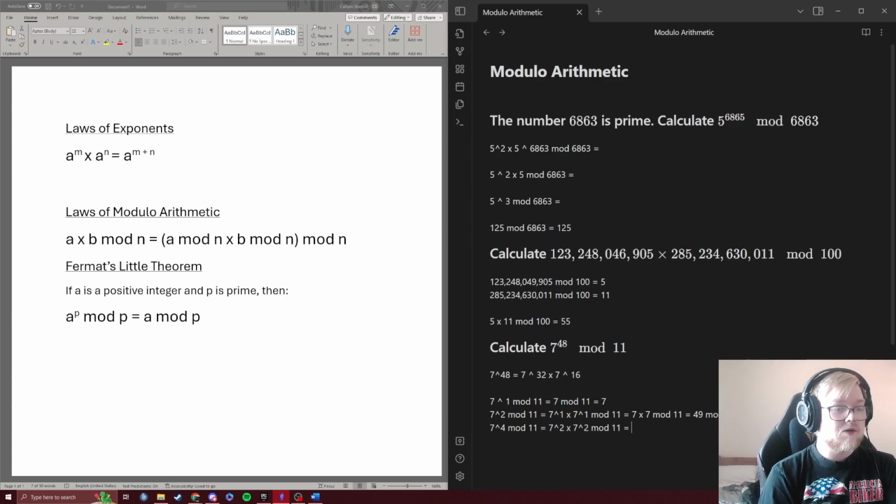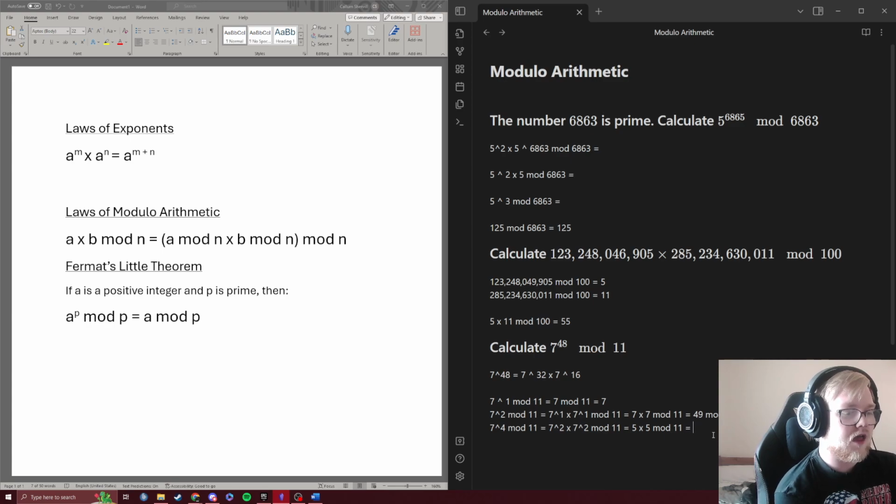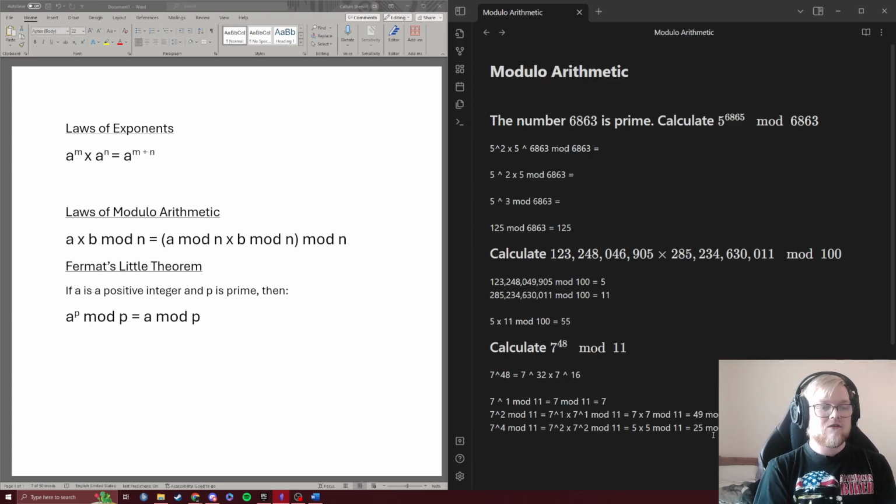And we know, because of this answer here, we could do 49 times 49 and do that big equation. Or, because it's already modular and we know we're doing it by modulo 11, we can use the answer from the previous question. So we do 5 times 5 mod 11. And we know 5 times 5 is 25. And that's much easier to calculate. And 25 mod 11, you divide 25 by 11, you get 22 and a remainder of 3.